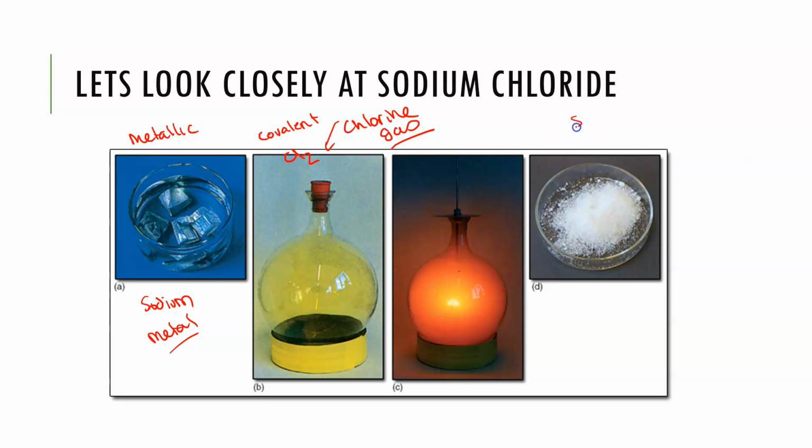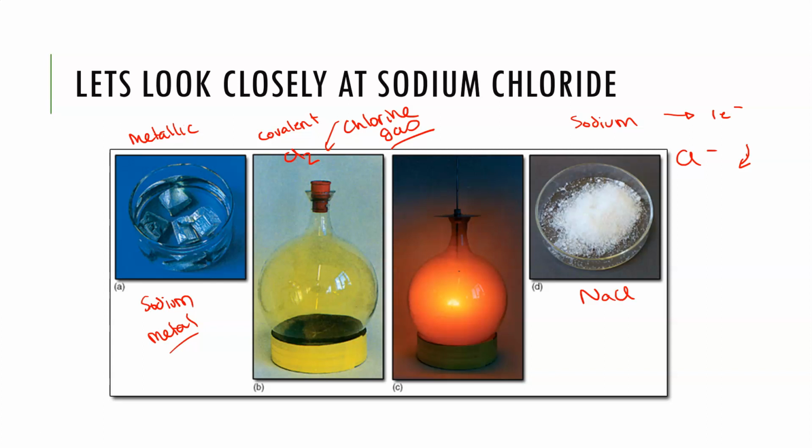The sodium will lose one electron, and the chlorine from the Cl2 will form chloride by gaining an electron. So that electron is going to come over, and we will form sodium chloride. We'll get salt. So we can see in this simple example that the type of bonding can really change the way something behaves.